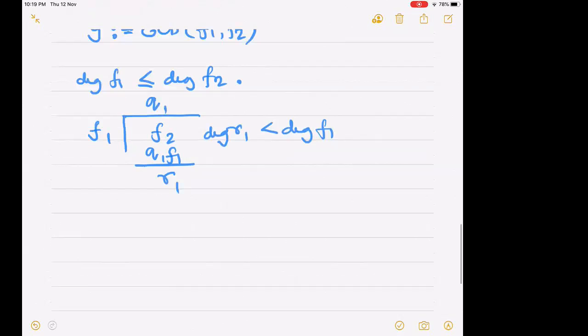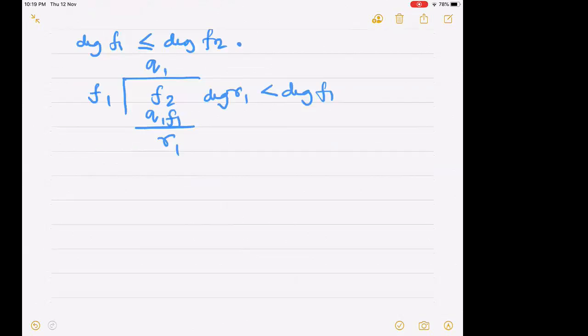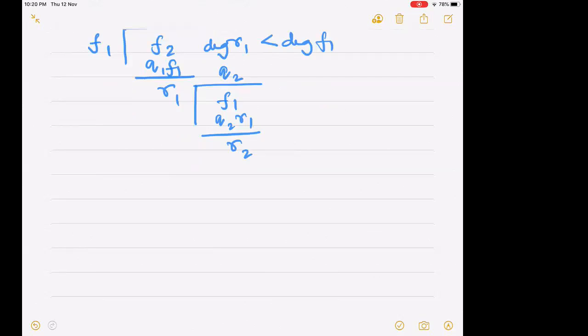But suppose r1 was not 0, then what we do is we now divide f1 by r1, and suppose q2 happens to be the quotient, so we'll have q2 times r1 and we'll obtain r2 for that remainder. If r2 is 0, then we will see that r1 must be the GCD, but we'll come to that soon.